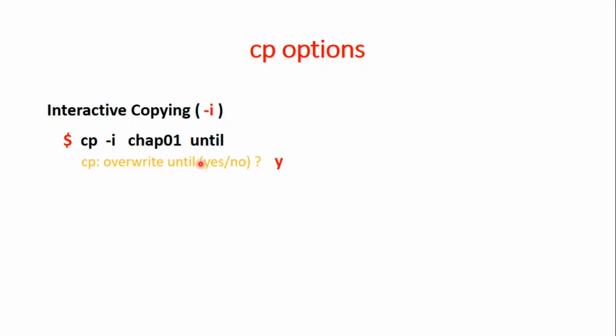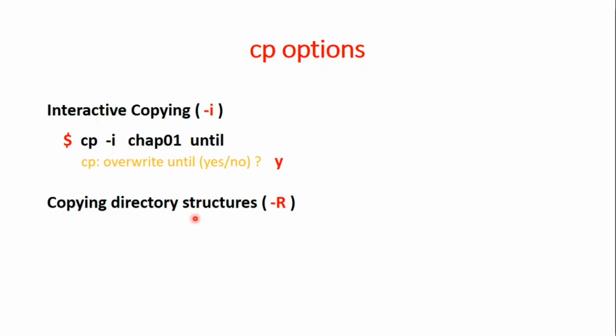But here it will have an interactive session with the user and ask whether you want to overwrite or not. If the user presses Y, then the content of until will be overwritten with the content of chap01. And if we press N, the content will not be overwritten, and the copy operation will be terminated.